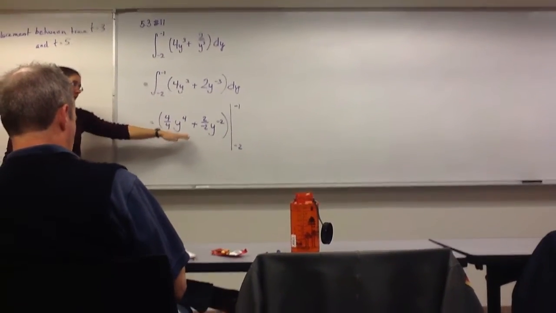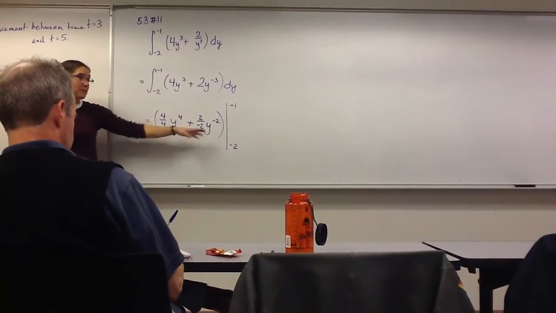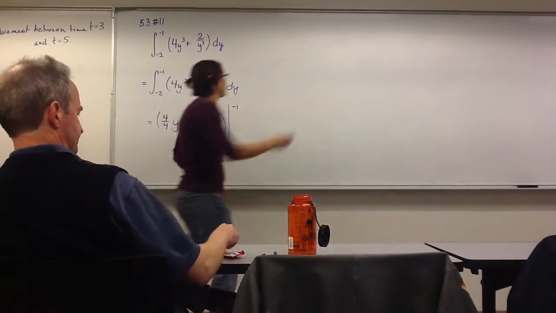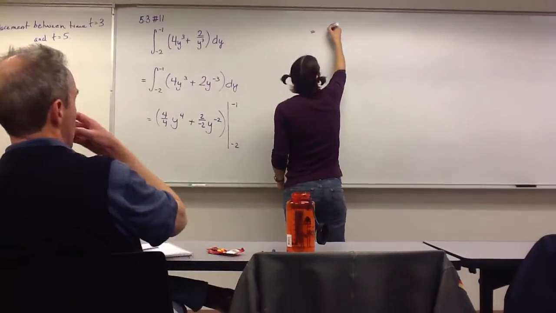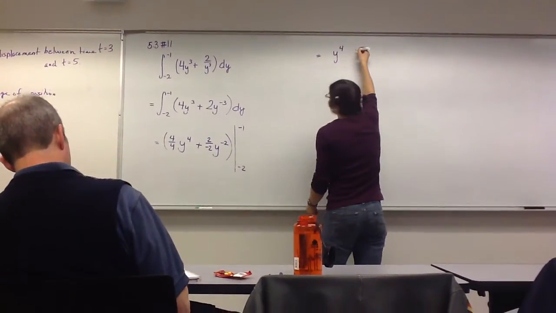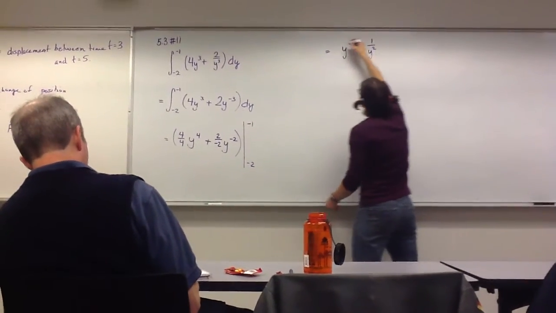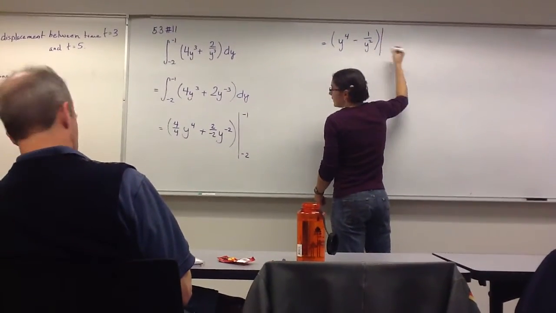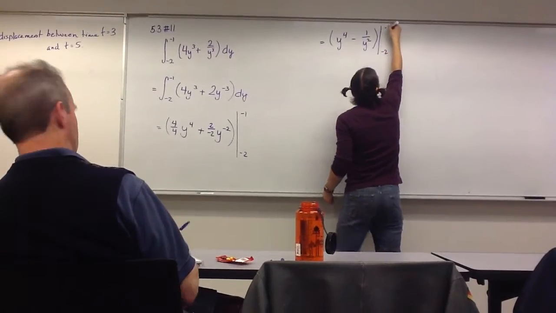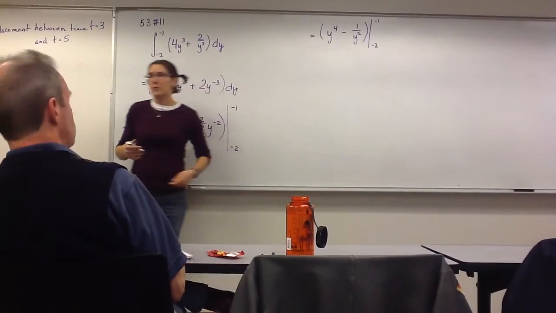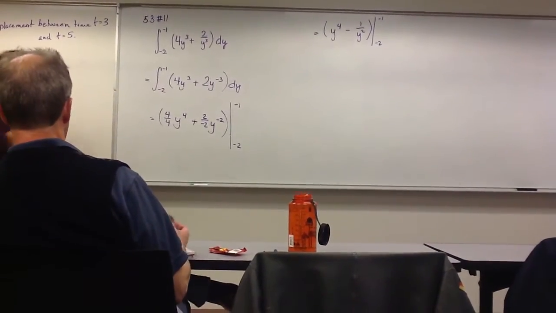So my life is going to be easier if I simplify this a little bit before plugging in my values. So here I can rewrite this as y to the 4th minus 1 over y squared, all between -2 and -1. Now I can plug in my boundaries.